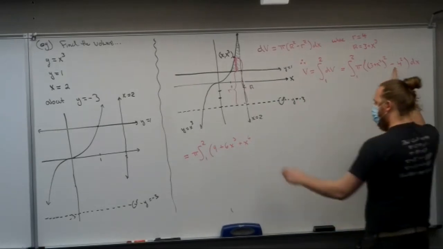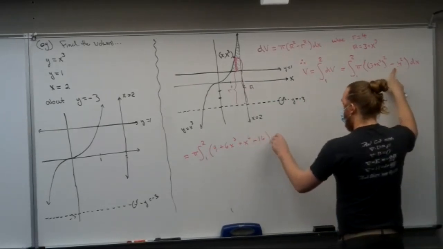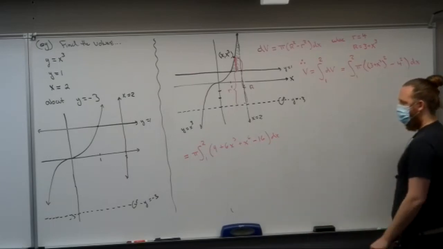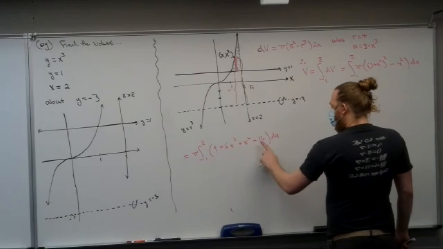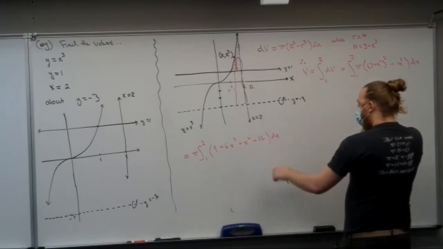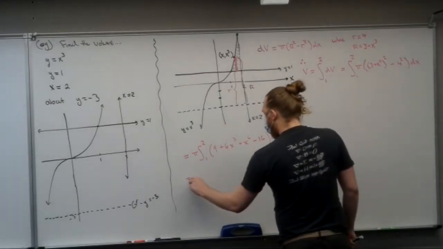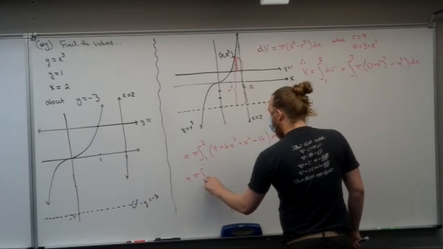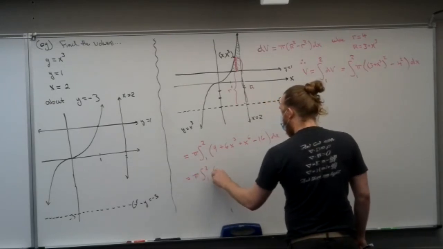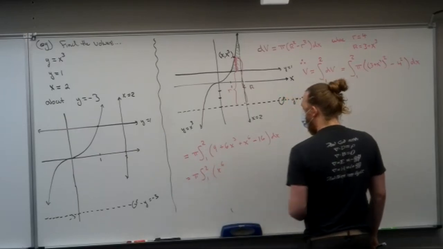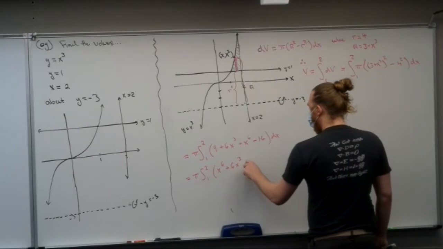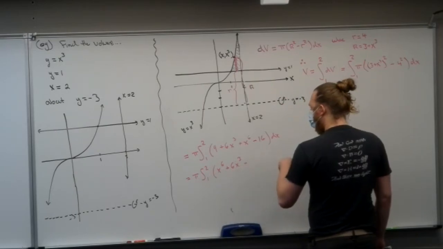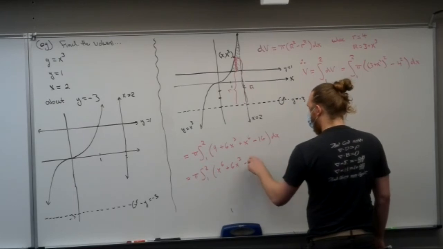Minus 4 squared is minus 16. 9 minus 16 is -7. This is pi integral 1 to 2. I'll write it in order like this: x to the 6 plus 6x cubed minus 7.